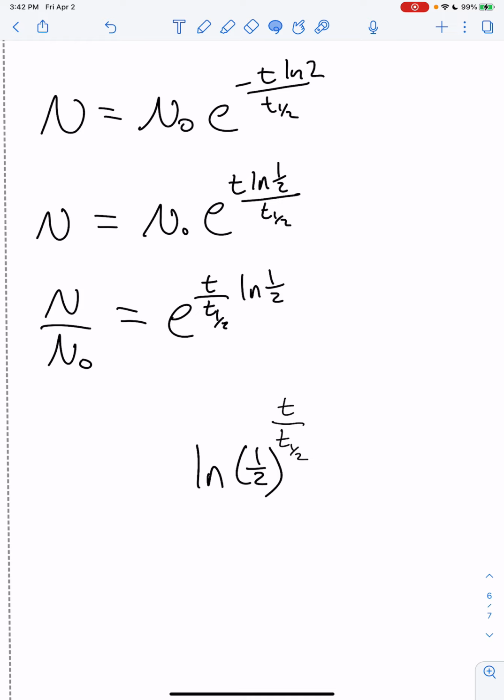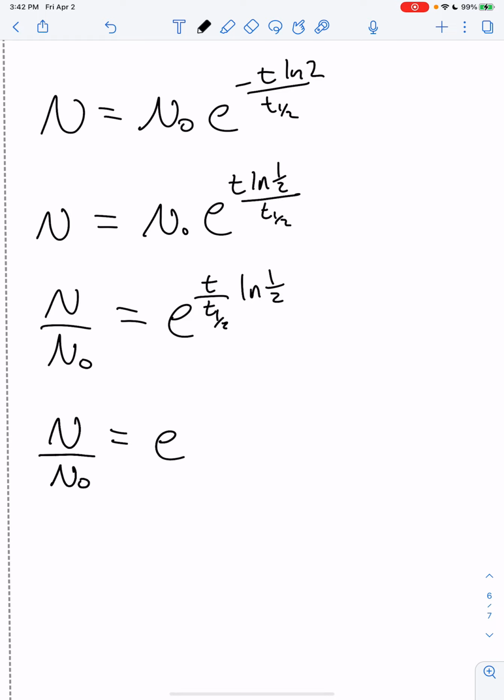So let me just rewrite this. So now we have N over N naught is equal to e to the ln 1/2 to the t over t1/2.